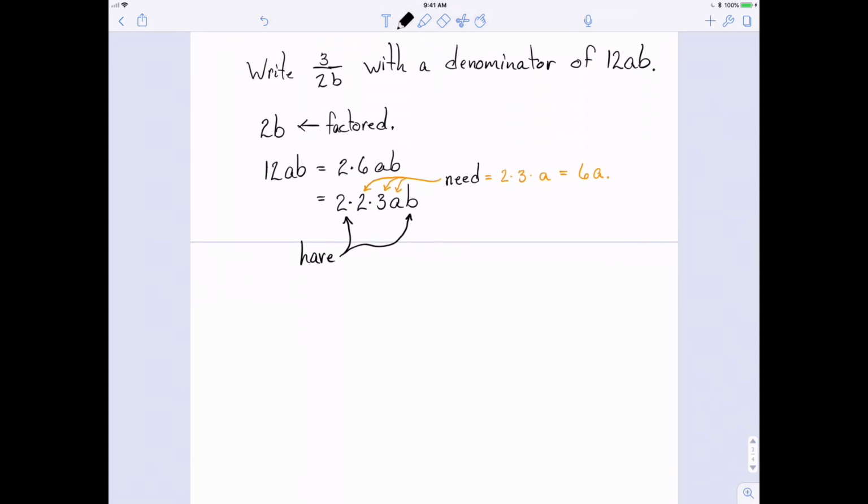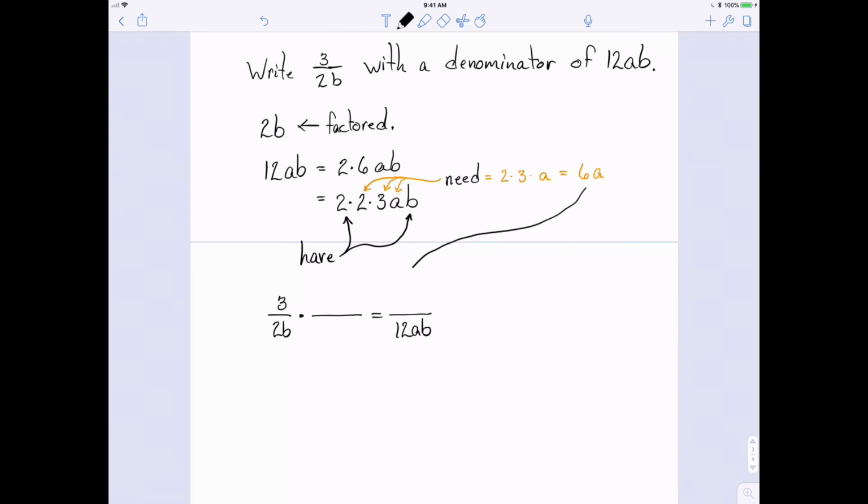I'd set it up the same way again. I'd write my beginning fraction, which is 3 over 2b times, we're going to have some fraction in here, and we're going to end with a new fraction that has a denominator of 12ab. We know what we need, that's the 6a.